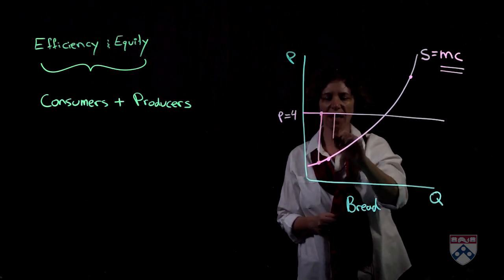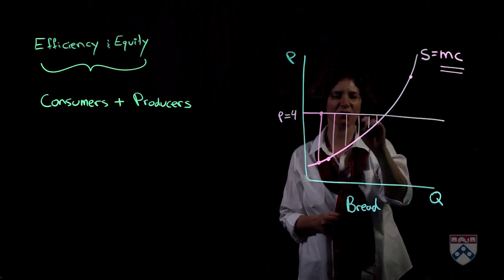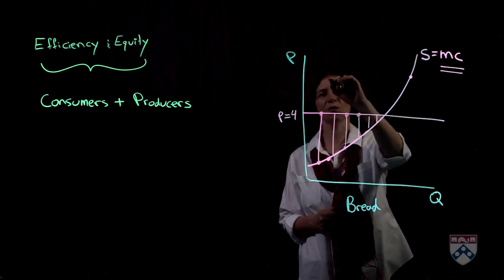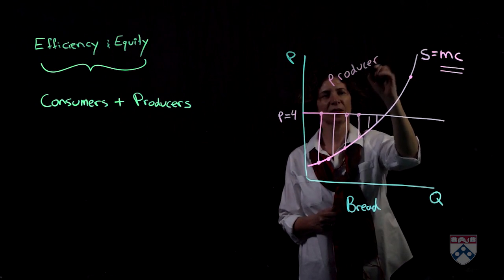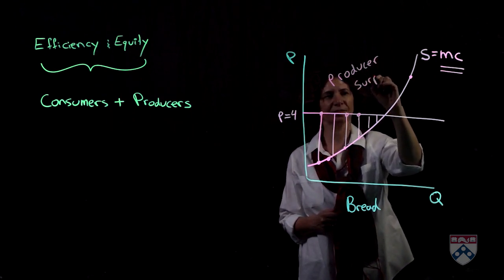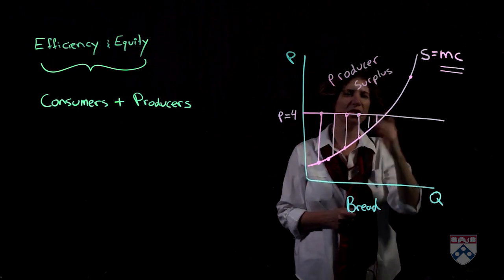And we can go ahead and sum up all these little bits of extra, all these differences between the price and the marginal cost of production, and what we get is the producer surplus. So again, what is the producer surplus?